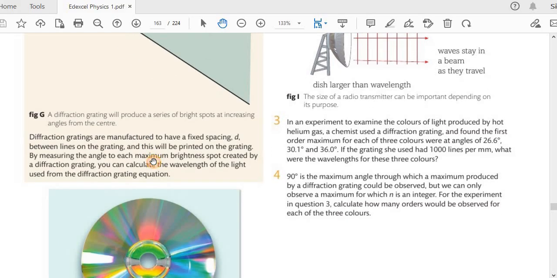Diffraction gratings are manufactured to have a fixed spacing d between lines on the grating, and this will be printed on the grating. By measuring the angle to each maximum brightness spot created by a diffraction grating, you can calculate the wavelength of the light used from the diffraction grating equation.